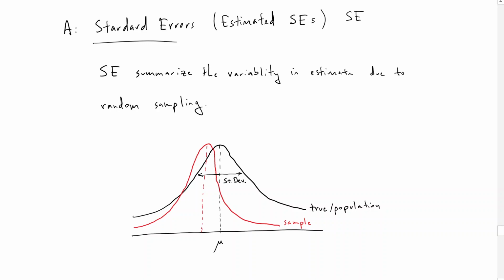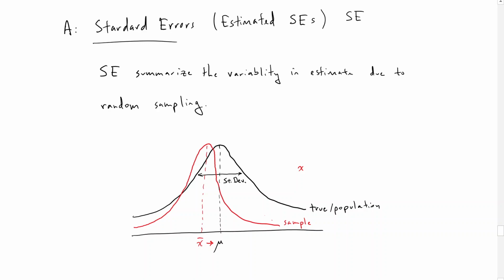Ideally, we're going to want the means to be the same. Let's suppose this is some outcome x that we're interested in. X bar is the sample mean. Ideally, we're going to hope that we have an estimate where the larger the sample size is, the more likely that we're going to approach the population mean. But we also see that we have a bit of a tighter distribution of data.